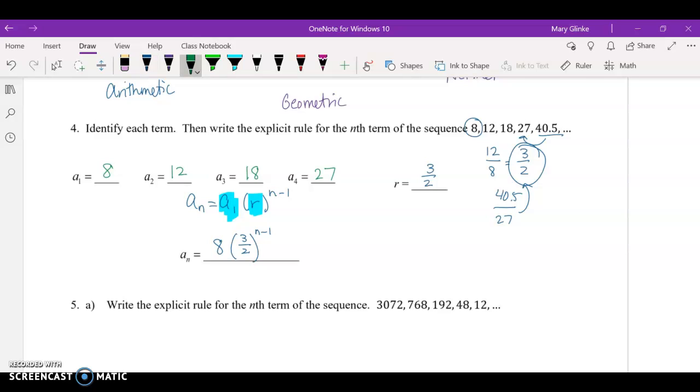So let's say we wanted to find a sub 4, if you plug in 8 times 3/2 to the 4 minus 1, this then should give you the same answer that you set up there. So it should give you 27 when you type that into your calculator. And if it does, that means you're doing it right.